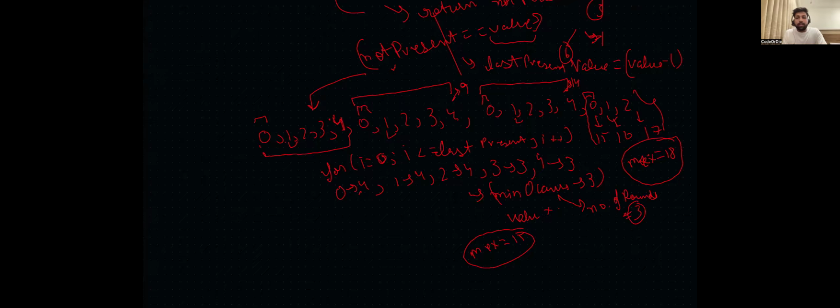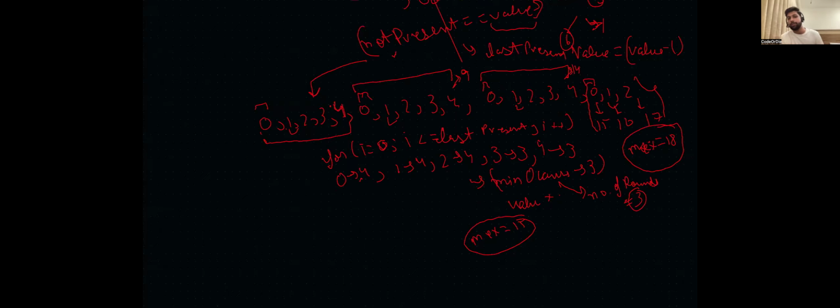Now I will again go from 0 to the last present value, and check if the occurrences of i is greater than the number of rounds, then max plus plus. What I'm trying to say is, if it is greater than the number of rounds, it means that after you complete 3 rounds, that number came again.